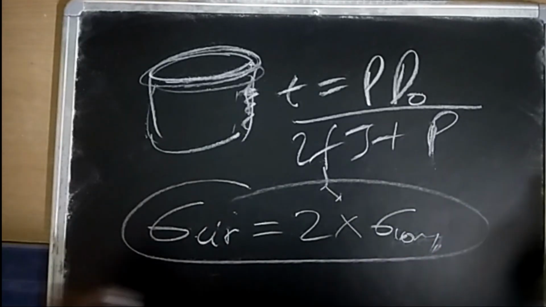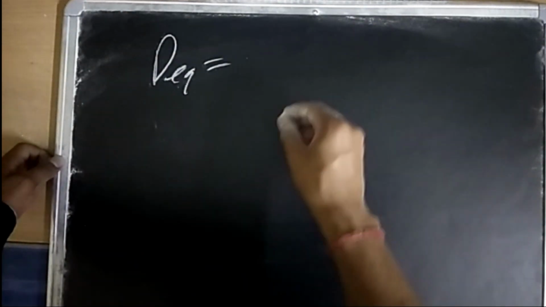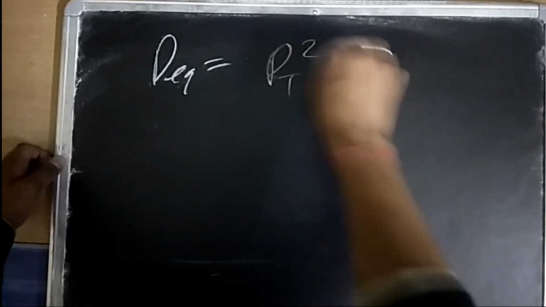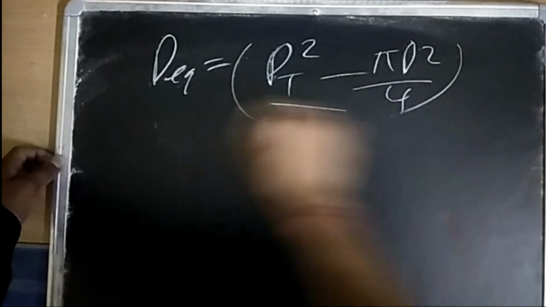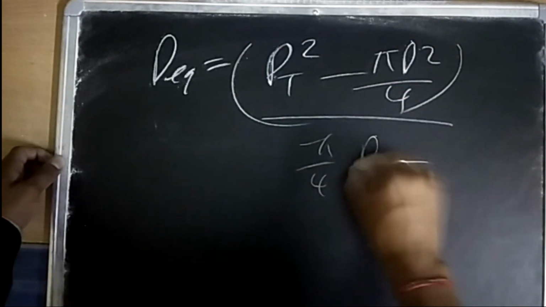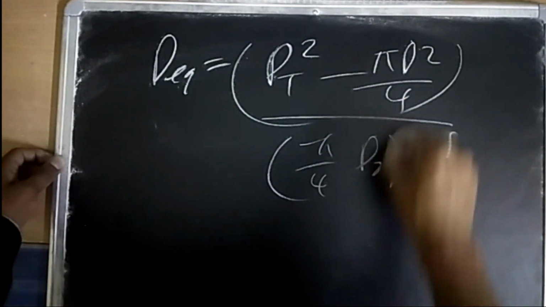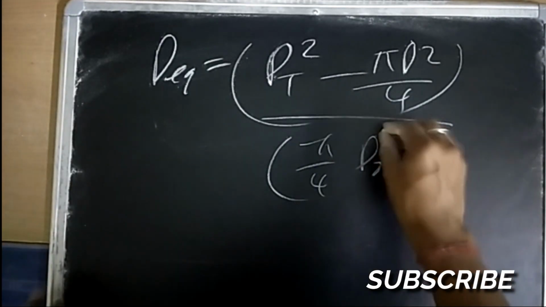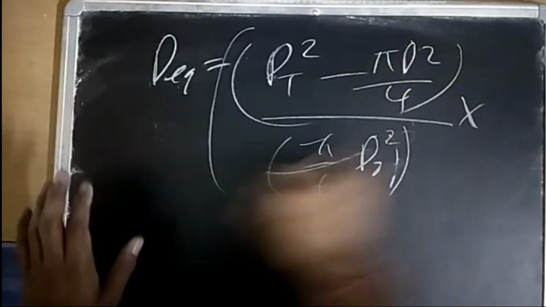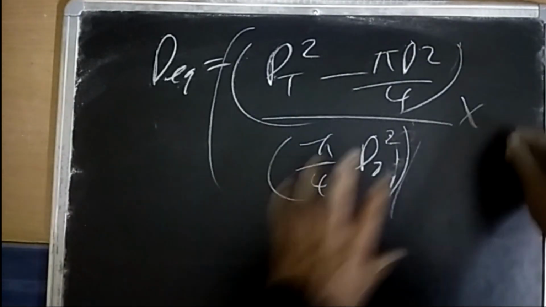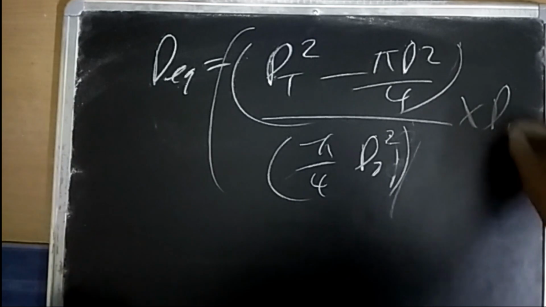And finally the heat exchanger. If I say heat exchanger, so the D equivalent is equal to pitch square minus the area, divided by the area, okay, this is for square pitch, into this whole area upon area, this is a fraction, into the diameter of the tube.